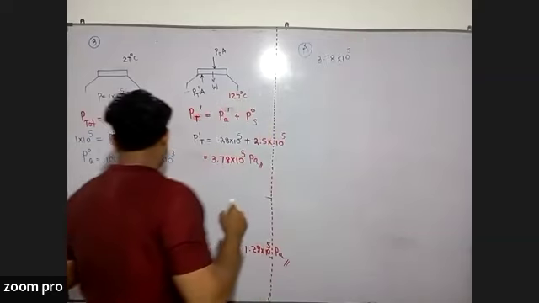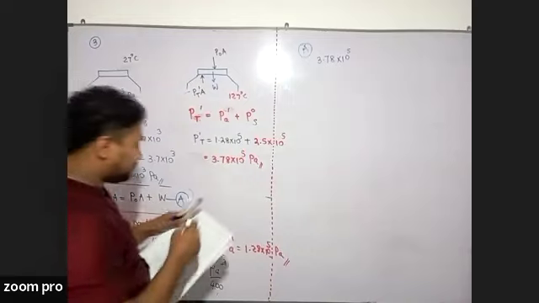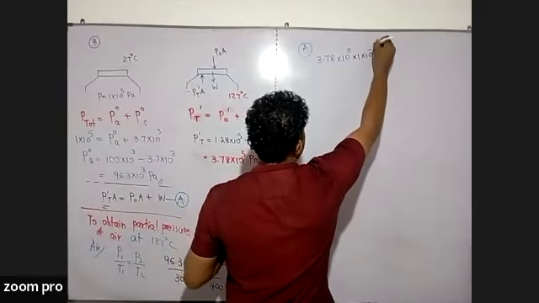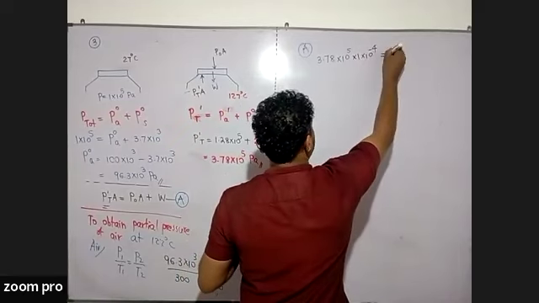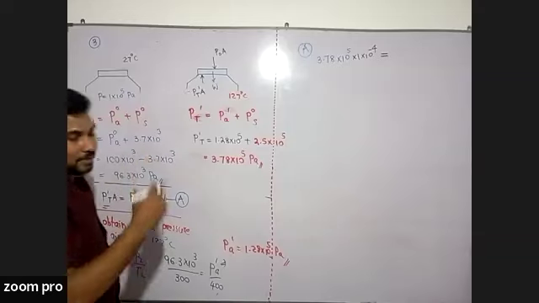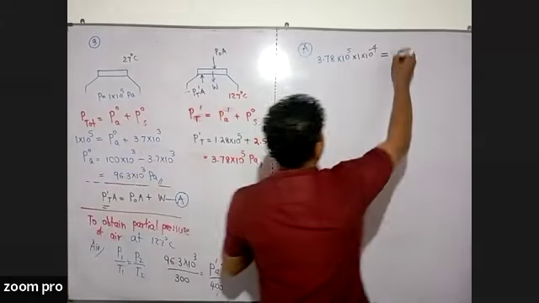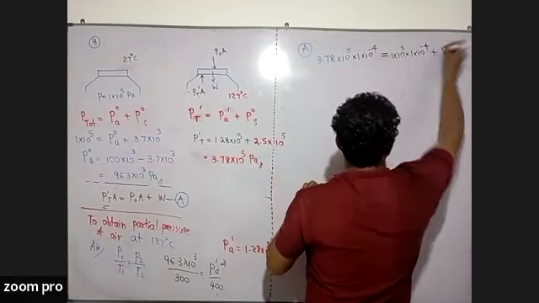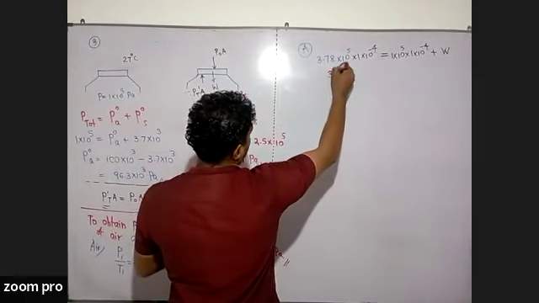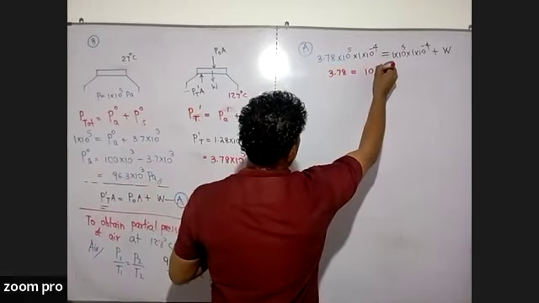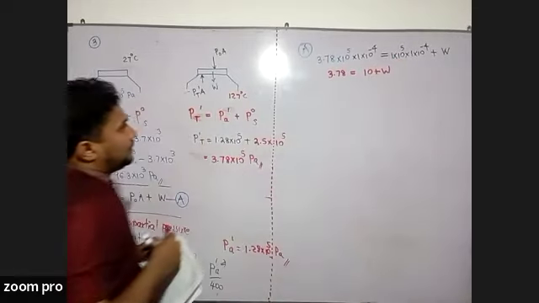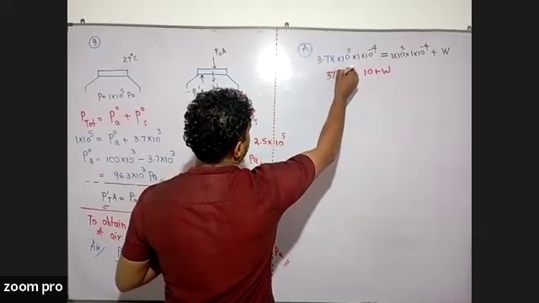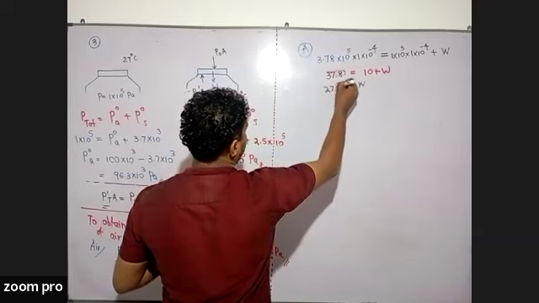But we have to give this value as a force, so we multiply it by the area of the lid, 1 into 10 to the power minus 4, equal to, now here P0 A means the force exerted by the atmospheric pressure, 10 to the power 5 into 1 into 10 to the power minus 4 plus W. Then W equals 27.8 Newton.